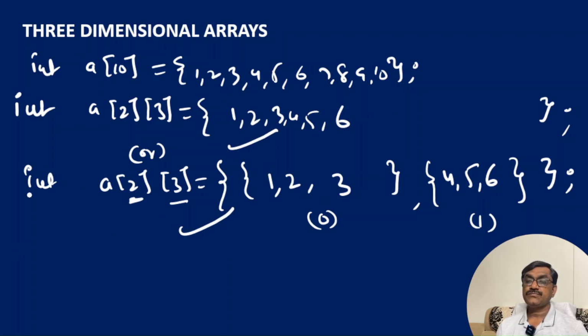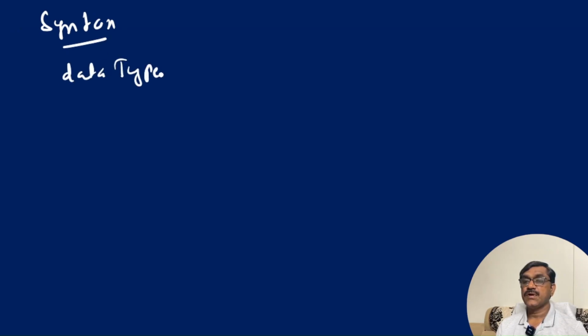Now, to read the elements into a two-dimensional array, we have used two for loops and one scanf statement. Similarly, how do we declare a three-dimensional array? The syntax is that we take the data type, as we have seen in the previous classes, and then we write the array name.